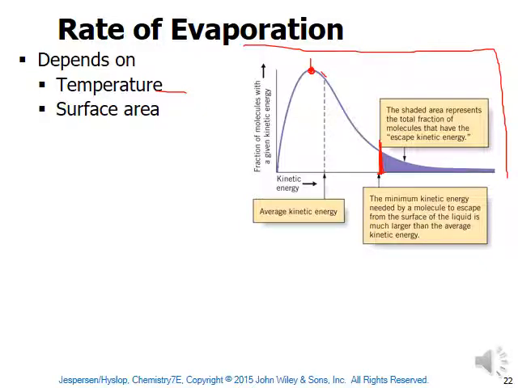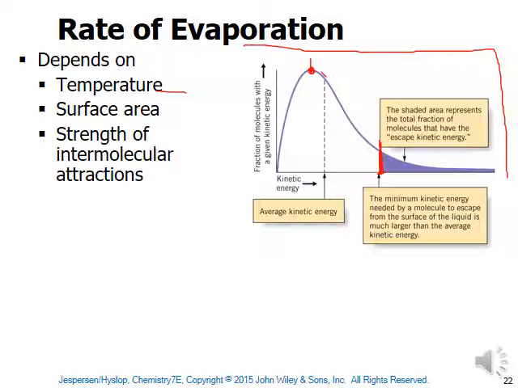Surface area, okay. The more surface area a liquid has, the more it's going to evaporate. That should just make sense because there's more of the particles. And the stronger the interactions, so weak interactions will have more evaporation. That's strong.